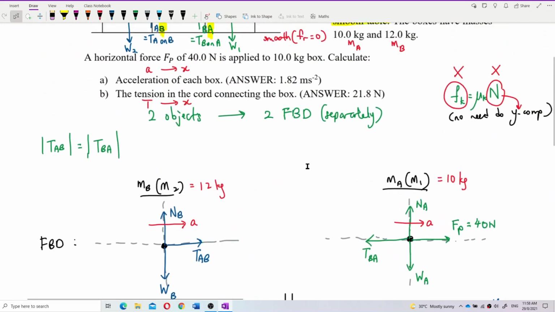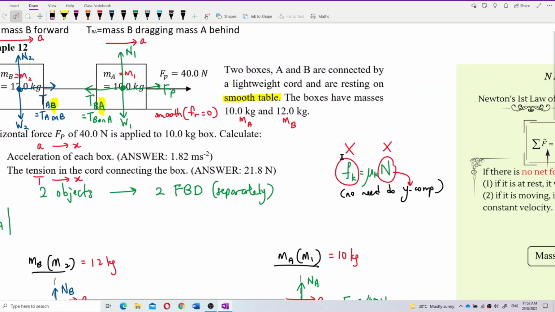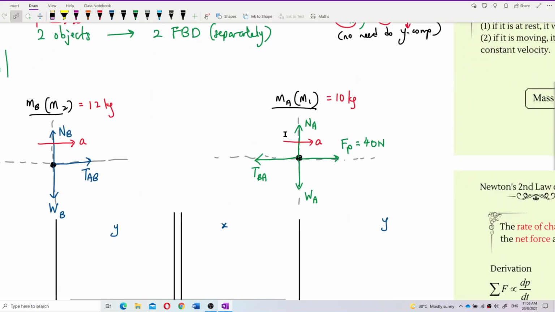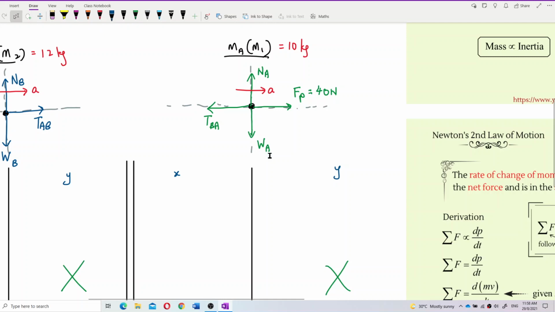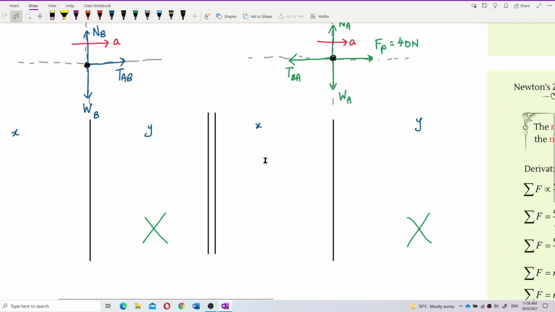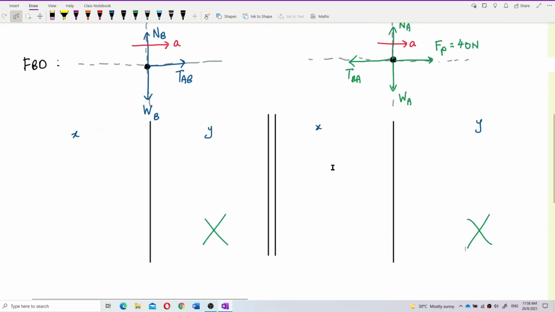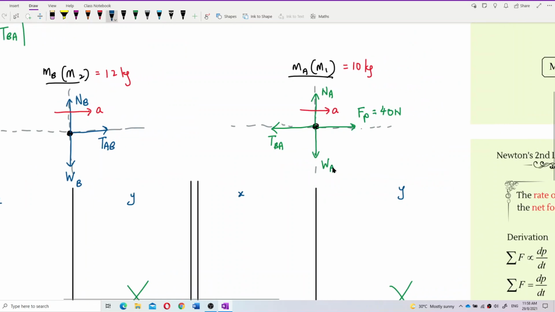Now let's look at mass A first. Actually, for this question, just doing the x component is enough. So look at the x component.